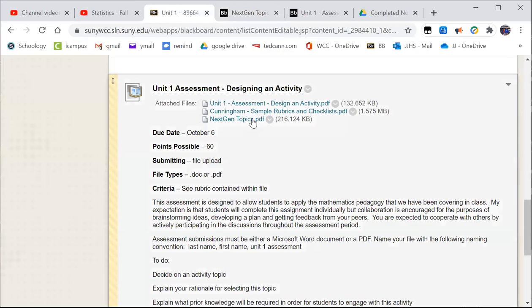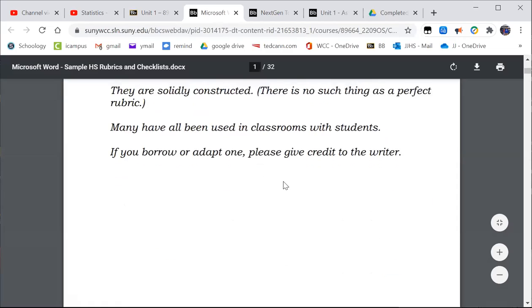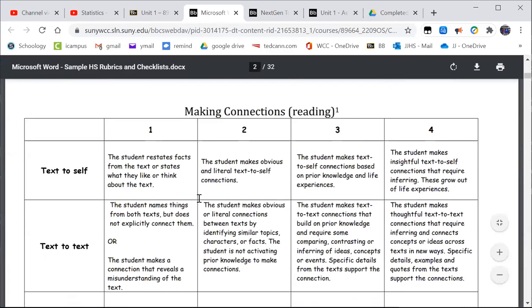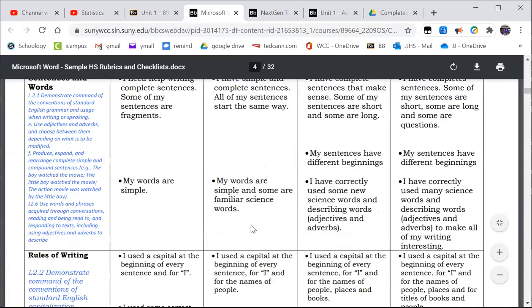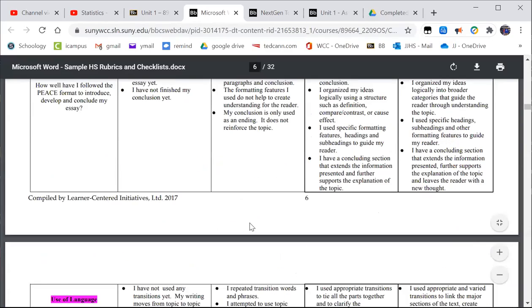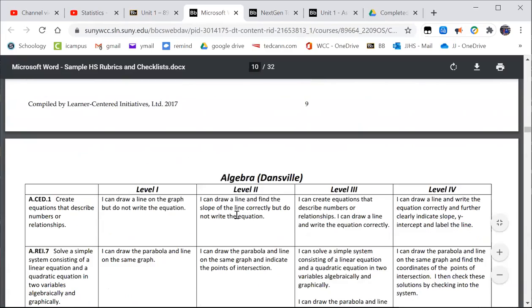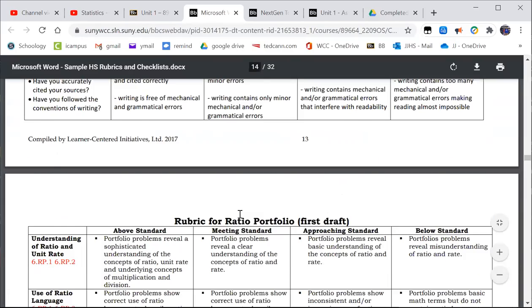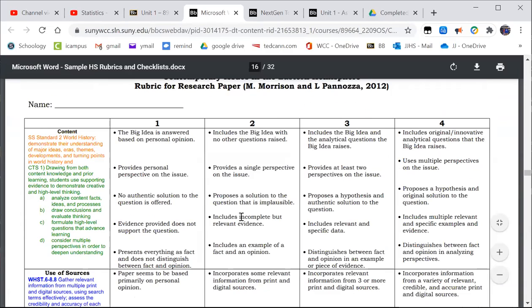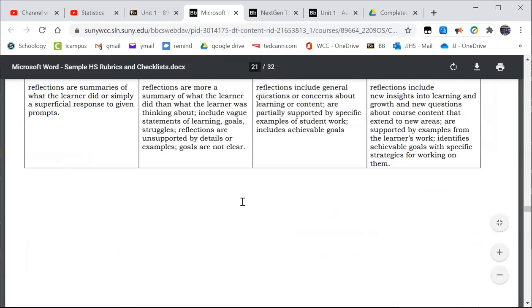The last bit here is the Cunningham sample rubrics and checklists. A staff developer from way back when gave us some training, and part of the training was this big old packet of different rubrics, different ways that you can create rubrics for different things: math, algebra, scientific experiments, oral speaking, and all sorts of different possibilities, different forms, Socratic seminars, reflective thinking.